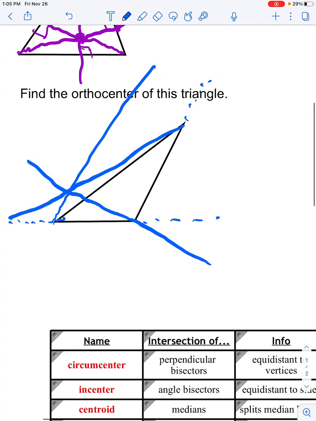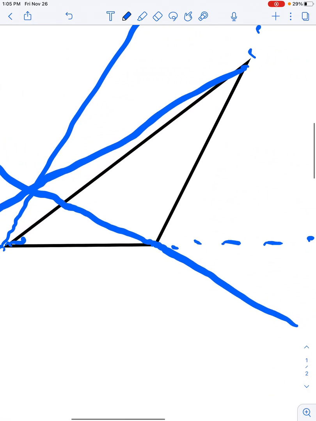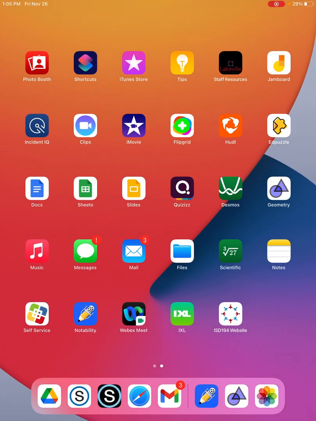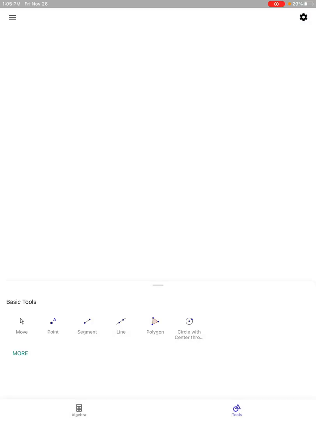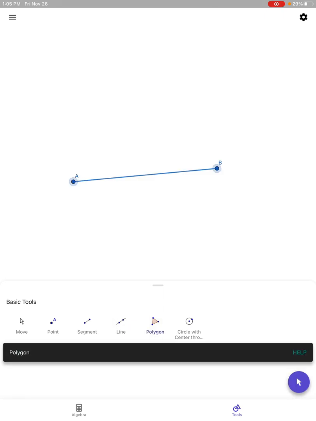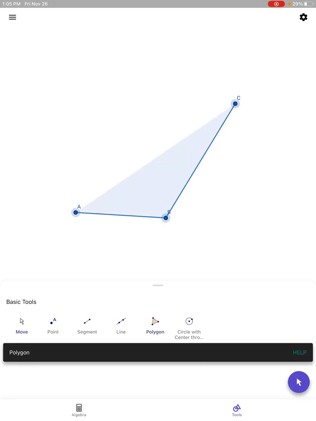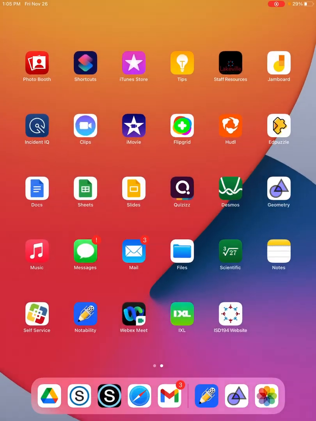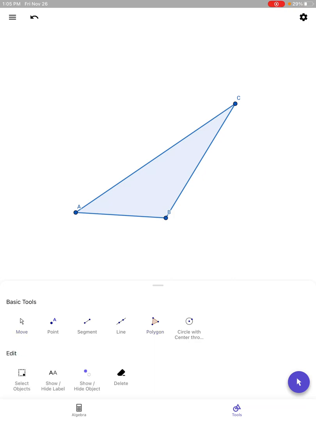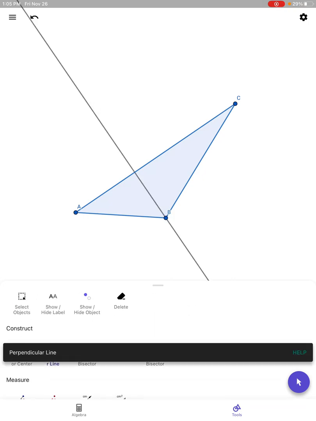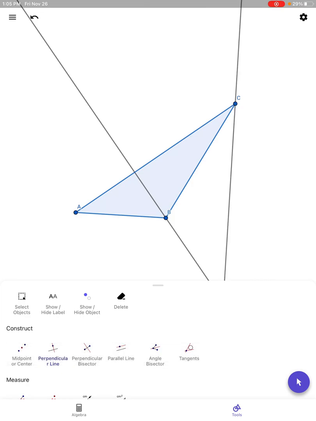I know that's not super accurate. I was demonstrating that, but GeoGebra works much better for that, where we can try to draw one very similar to that. Again, I'm going to find a perpendicular line from the vertex to the outside. Oh no, that's right.